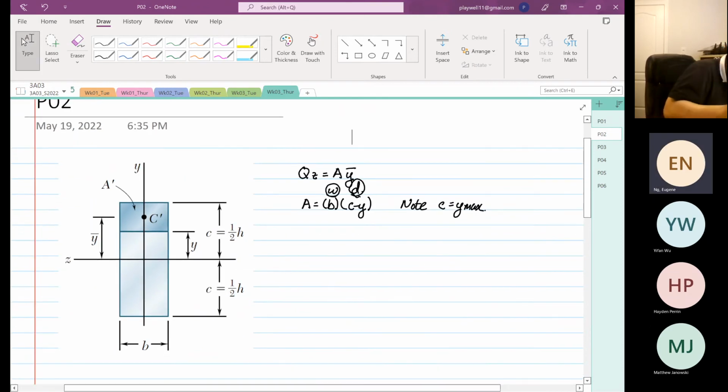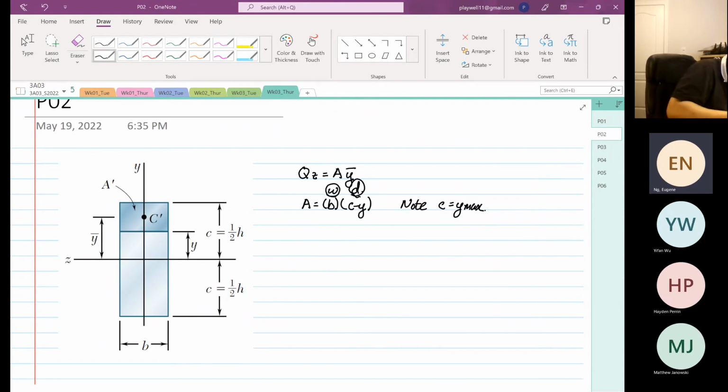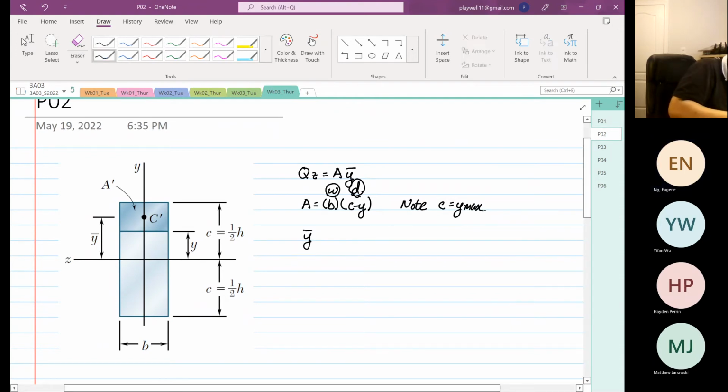Next, we want to determine our y bar. Okay, we are going to determine our y bar. So y bar is equal to C plus y multiplied by half. Okay, so that's our y bar, and so y bar is this y bar that we are looking for now.